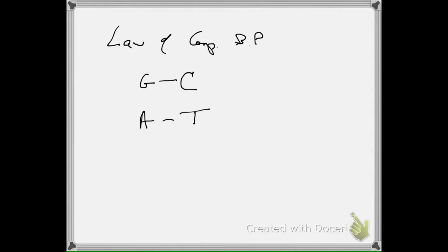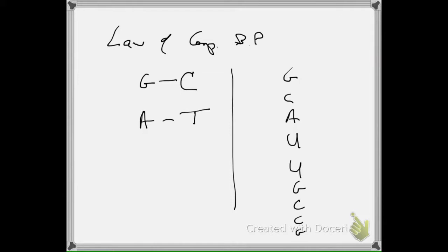So when we look at DNA, that double-stranded structure, we're going to see that G always pairs with the C, and the A always pairs with the T. Now we know that RNA is a single strand, so we would have a G, a C, an A, a U, an A, a G, a C, a G, what have you.